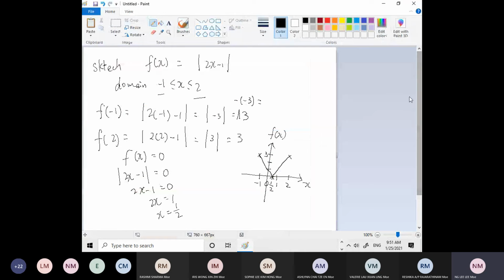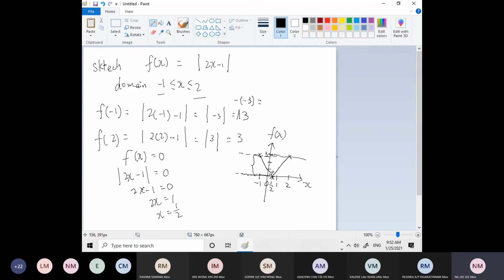You see, when you want to answer for range, you got to see this part. This is the highest point or the tallest point, and this is the lowest point.